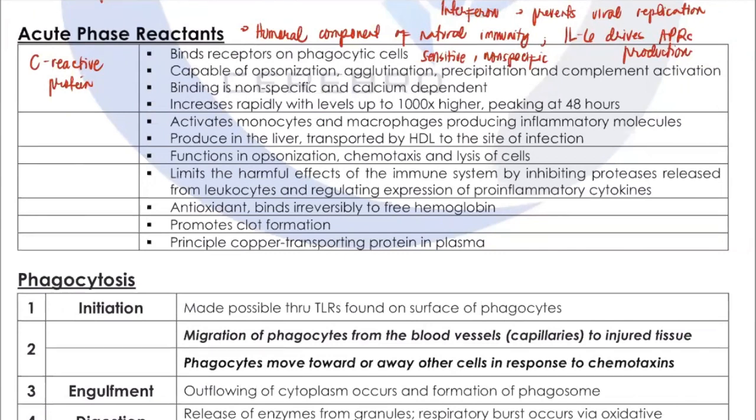Yung serum amyloid A, nag-e-increase siya within 24 hours after inflammation. So although it is also increasing 1,000 times, hindi siya ganoon ka-sensitive as compared to C-reactive protein kasi medyo huli siya sa pagtaas sa kanyang level. So this is serum amyloid A. Okay? And I would like you to take note also that it has a high affinity with HDL. Sa katunayan, high density lipoprotein is considered to be the transport protein of serum amyloid.